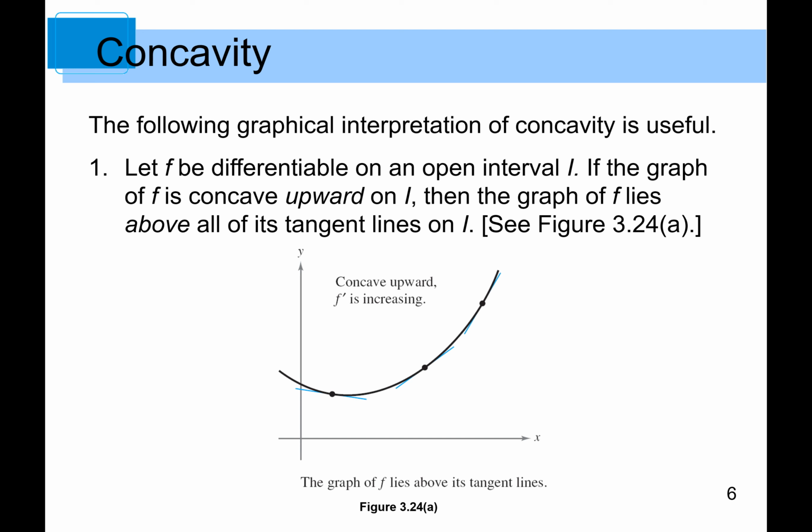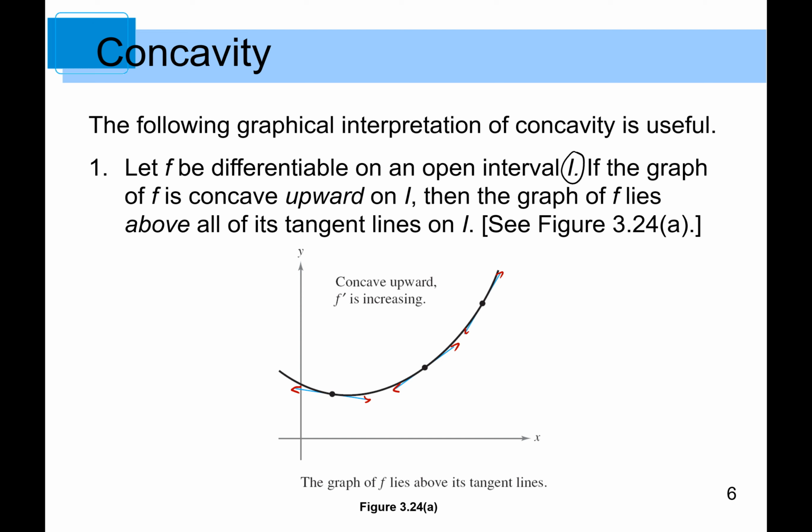And let's look at concavity in a more in-depth manner. The following graphical interpretation of concavity is useful. Let f be differentiable on an open interval I. If the graph of f is concave upward on interval I, then the graph of f lies above all of its tangent lines on I. Also, you see all these tangent lines are below the curve itself.